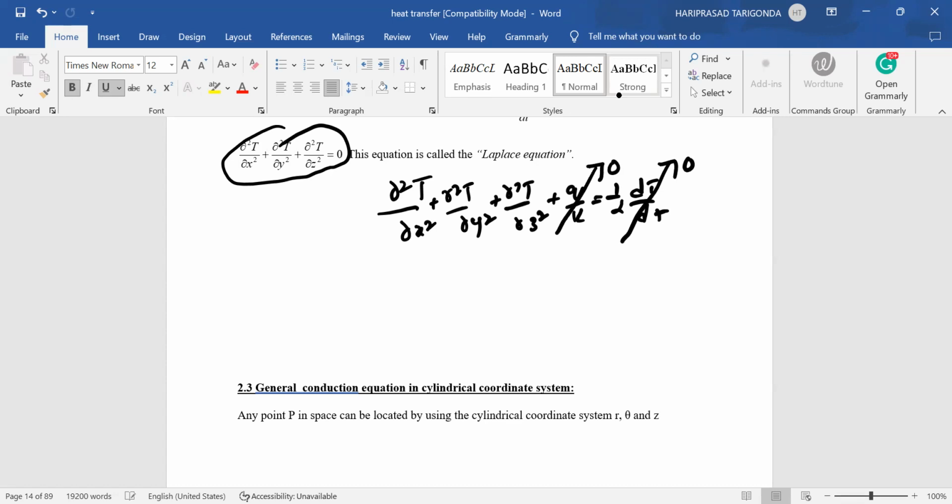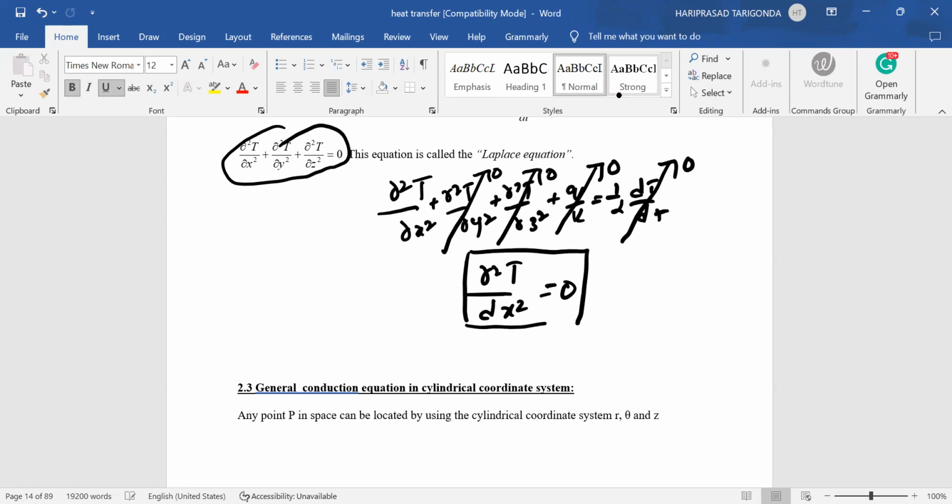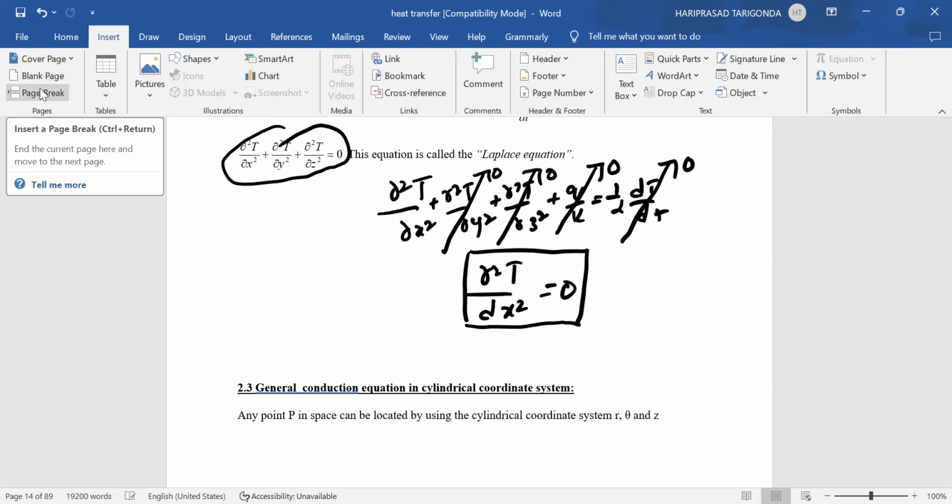Heat transfer is only in the x direction, which means there is no heat transfer in other directions, so those values become 0. Therefore, we get d²T/dx² = 0. This is called the one-dimensional conduction equation in the Cartesian coordinate system.